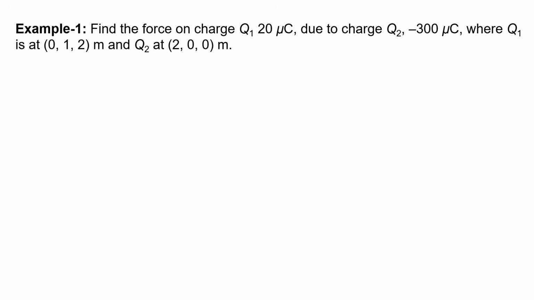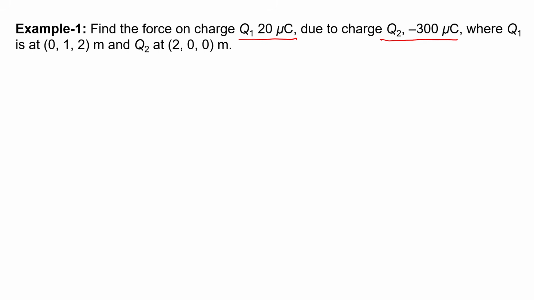So now let us try to solve our first example. This first example is saying that to find force on charge Q1, which has a value of 20 microcoulomb, due to another charge Q2, which has a value of minus 300 microcoulomb.